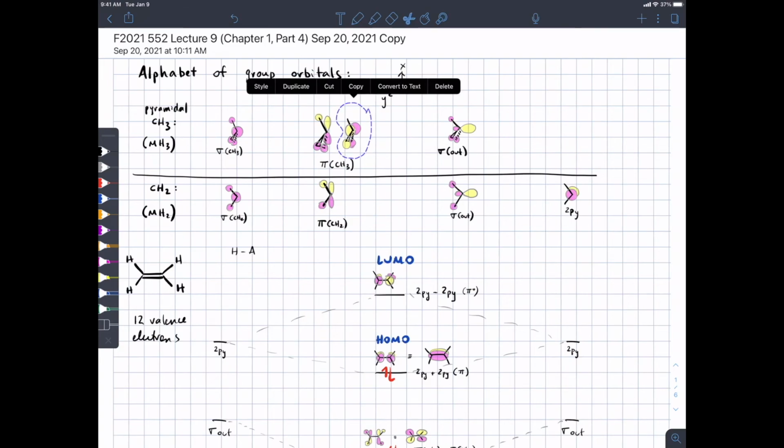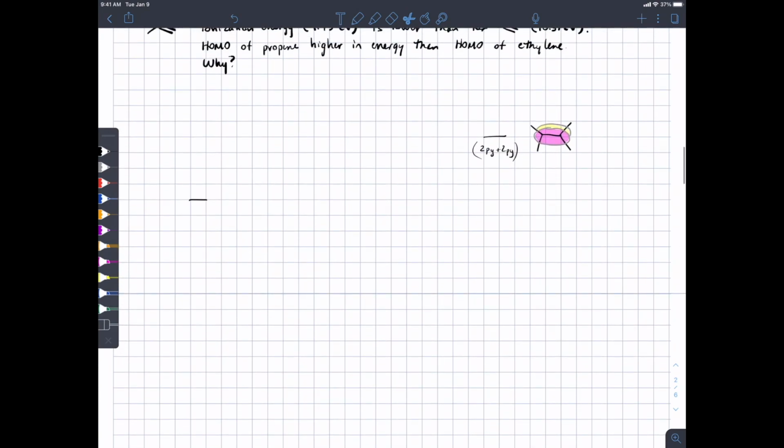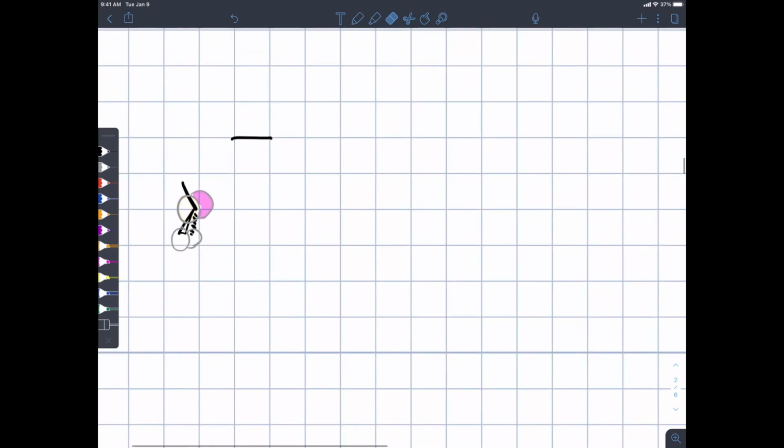And I think if I compare that to my 2py plus 2py orbital from ethylene, it looks like I ought to be able to overlap that with the appropriate wave function sign. And let me just take a second and adjust the wave function sign like this.